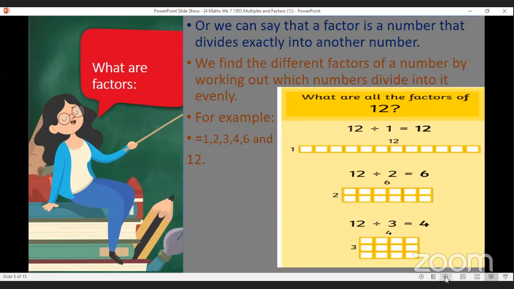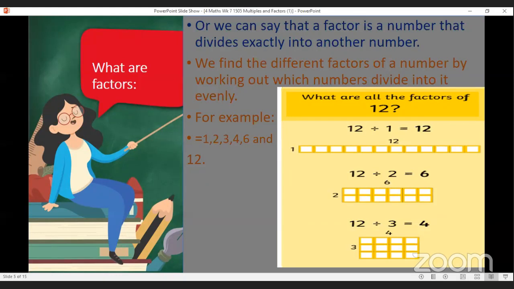So using division, I have a picture here. What are all the factors of 12? The same thing that I did on the previous slide. You say 12 divided by 1 is 12, right? And there is no remainder. And then 12 divided by 2, it simply means that you count in twos until you reach that number.